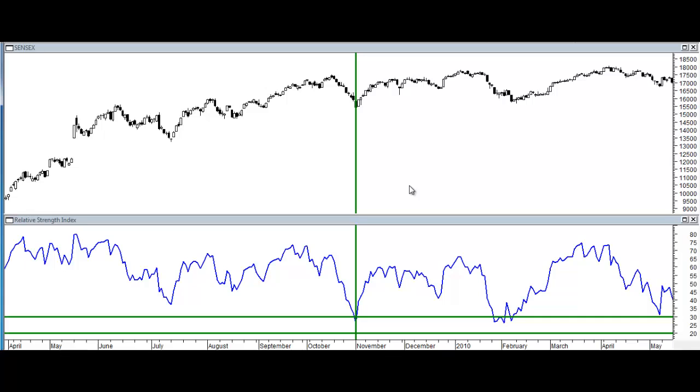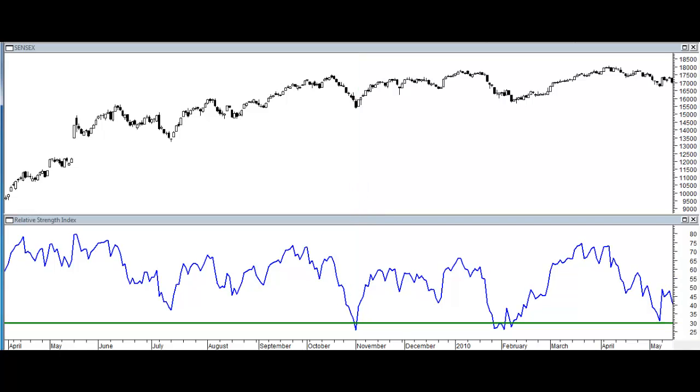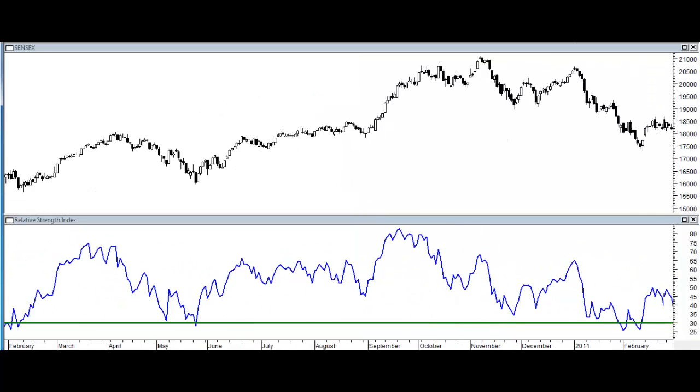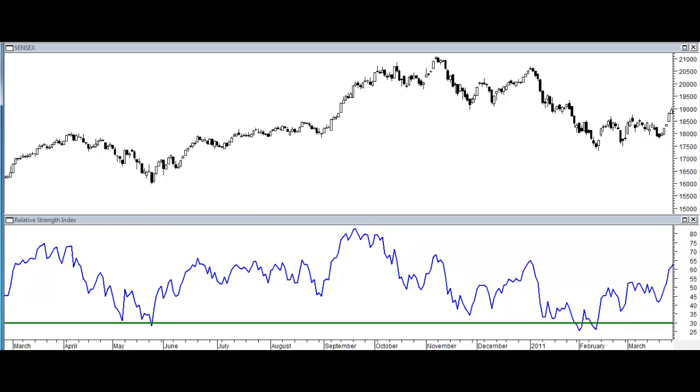So it may happen with positive divergence also, it may reverse immediately also, but overall the thing is that we need to wait and watch to buy particular stocks.